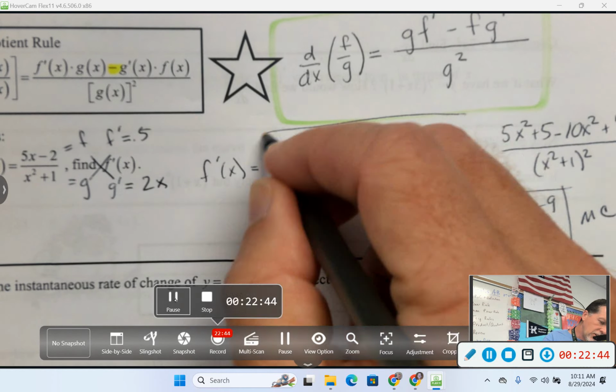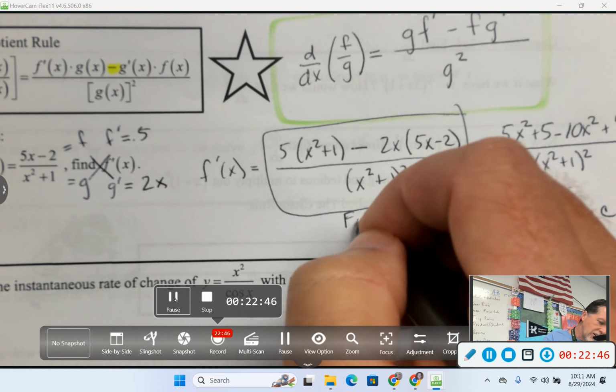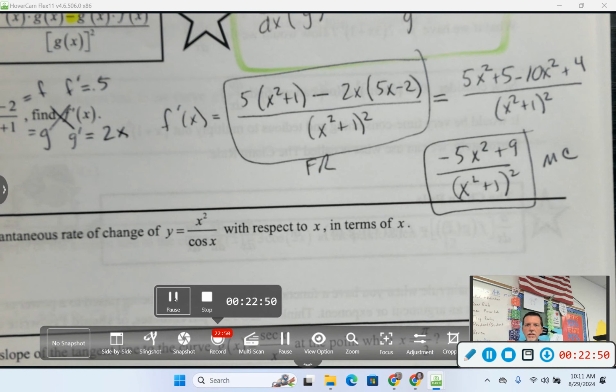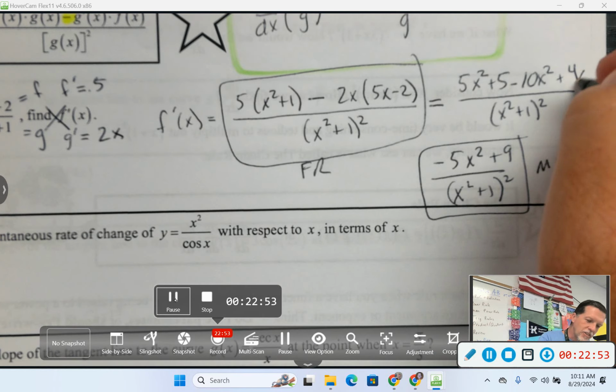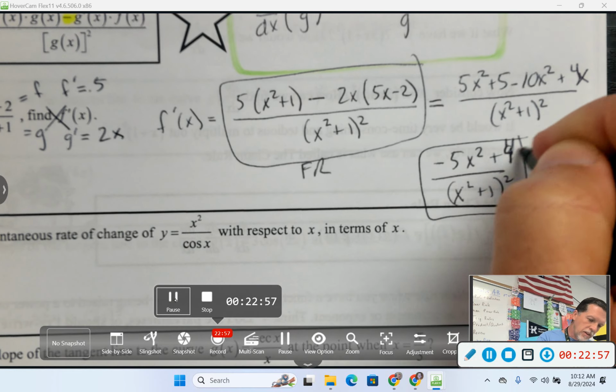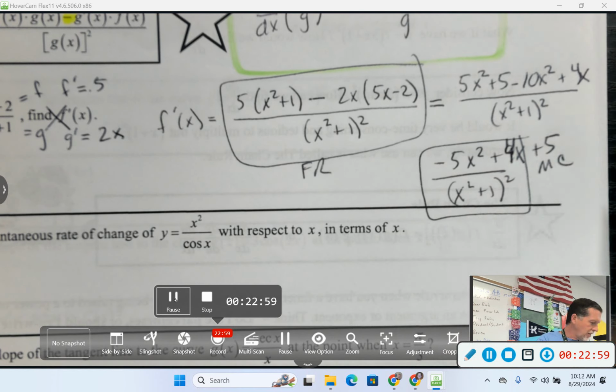Multiple choice answer versus free response answer. Uh-oh, did I mess something up? You said plus 9, it's plus 4x. It's plus 4x, it sure is, which messes this up. So plus 4x plus 5. How about that?